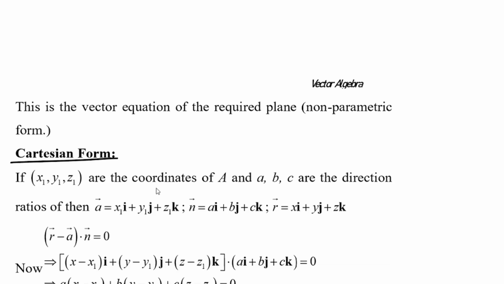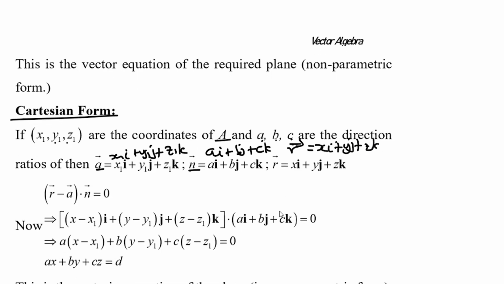Now let's talk about the Cartesian form of this equation. Assume that x1, y1, and z1 are the coordinates of A, and a, b, c are the direction ratios of the normal. Then a is x1 i plus y1 j plus z1 k, the normal perpendicular to the plane is N equals a i plus b j plus c k, and r is equal to x i plus y j plus z k.